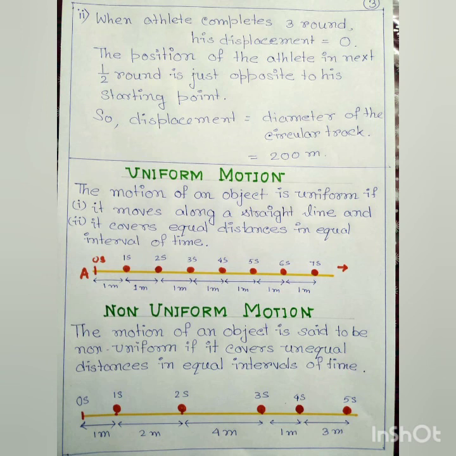During the third second, it travels 4 meter. And during the fourth second, it travels 1 meter. Means if we consider each second individually, the distance traveled by the object is not same. Therefore, we can conclude this object is in non-uniform motion. Clear?